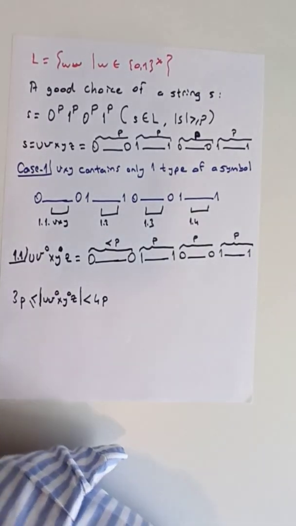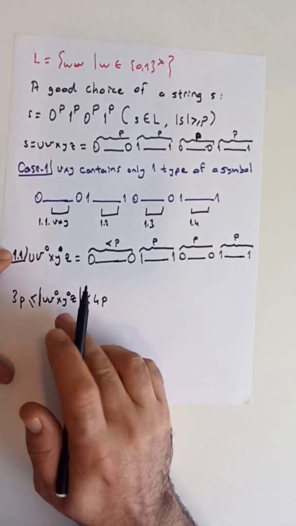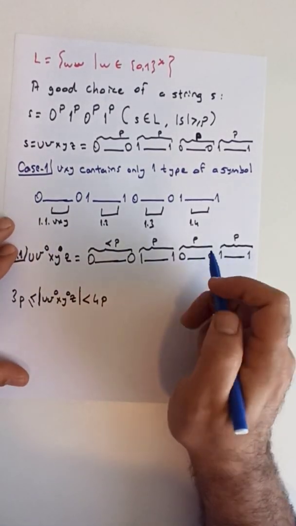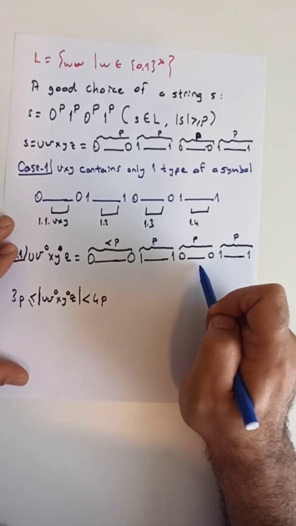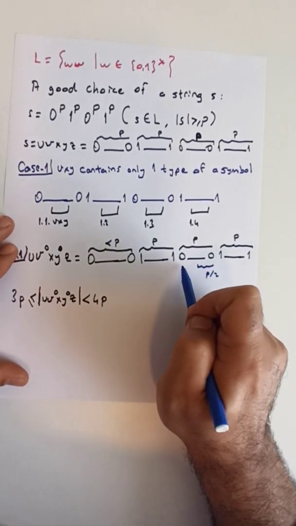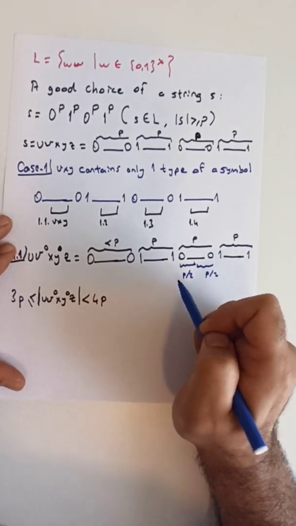Since the length of this new string is at least 3p, let's divide these zeros in here into 2. So let's say this part we have p divided by 2 zeros, and in this part we have p divided by 2 zeros.